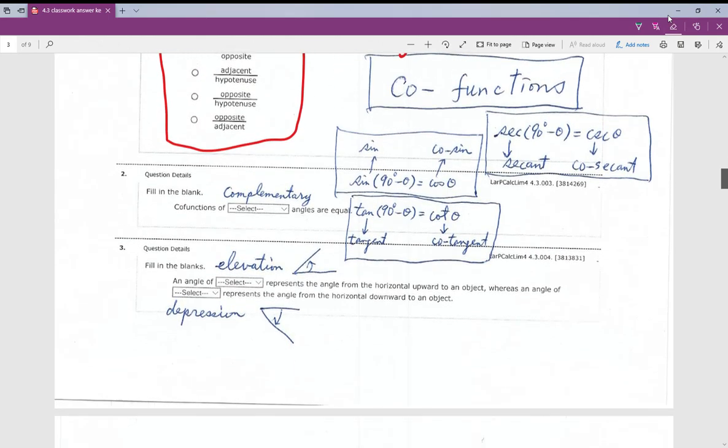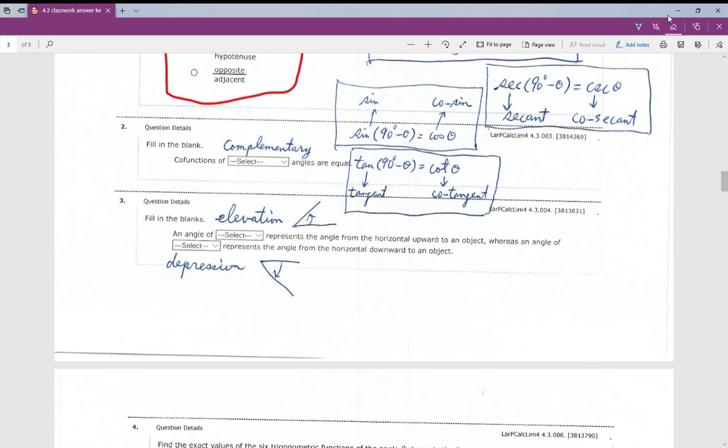After we are done with all the concepts, we go through the formulas here. Co-function, co-function. Okay. So remember, cosecant is 1 over sine. Let me review for you. And secant is 1 over cosine.